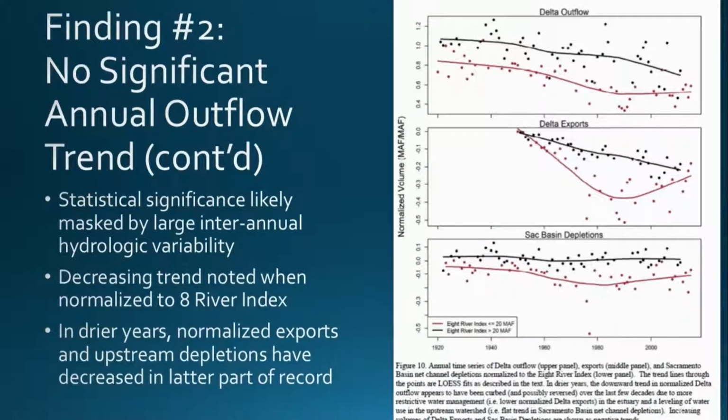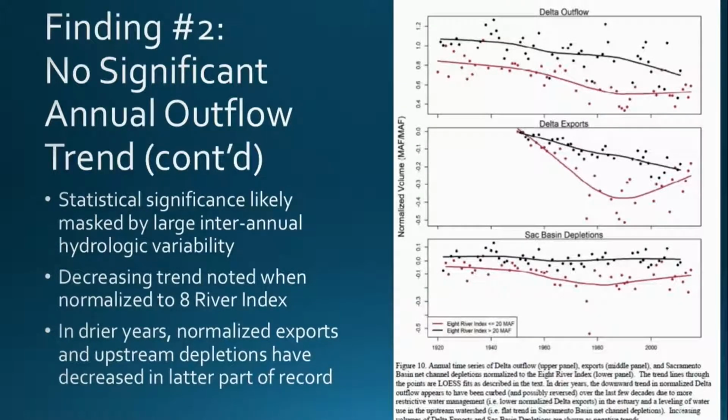So now, still staying with the annual trend, but to look at it a little differently, since I mentioned this high interannual variability, what we're doing here is normalizing the flows to the hydrologic conditions, and I used the 8-river index as the normalizing factor. So in this top graph, this is normalized delta outflow.